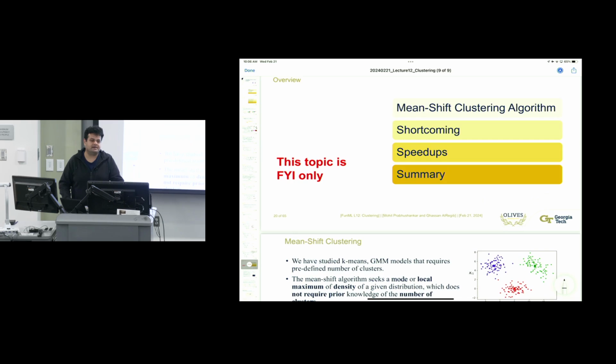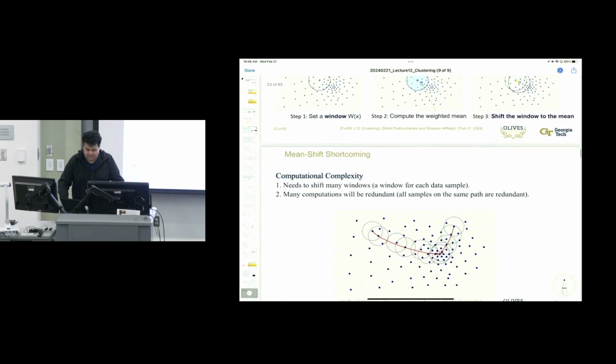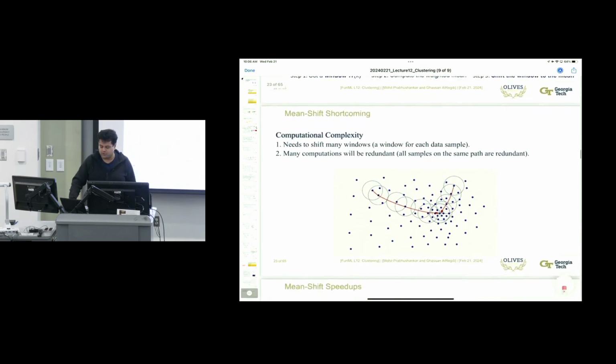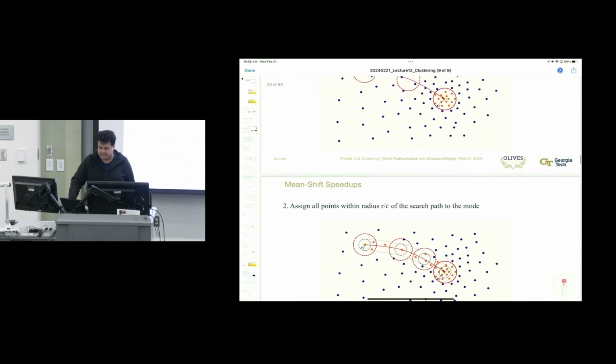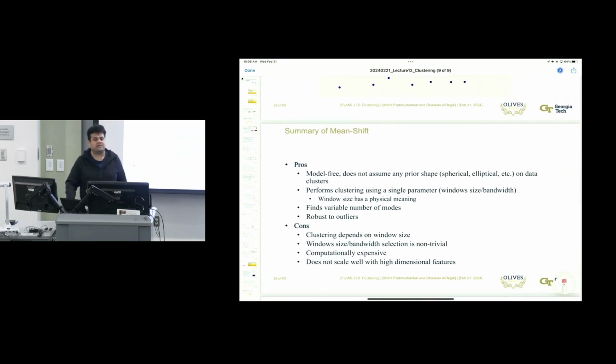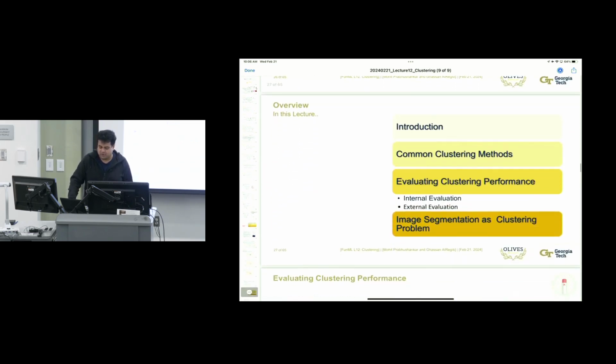I do have a few slides on this, but I did not go into the actual mathematical details, and I won't go through them during the lecture. If you're interested, there are a lot of resources about the mean shift algorithm that give you a good idea about it. But with that, let's move on to the next part, which is evaluating cluster performance.